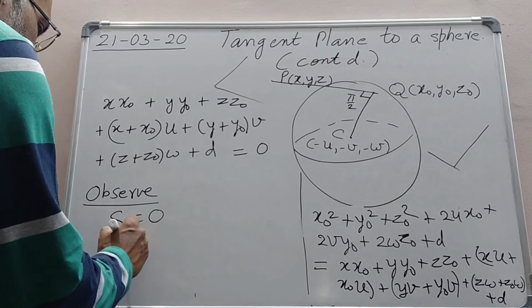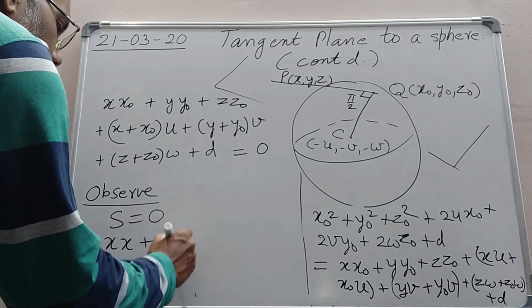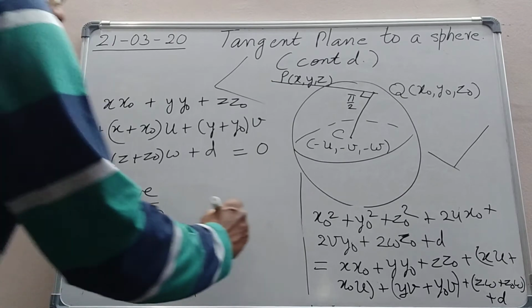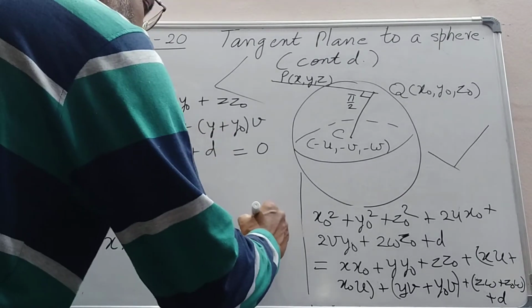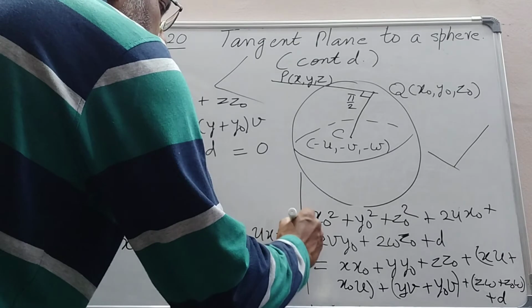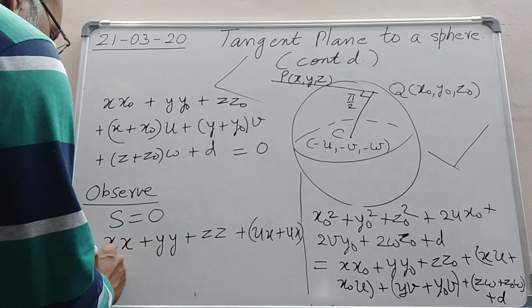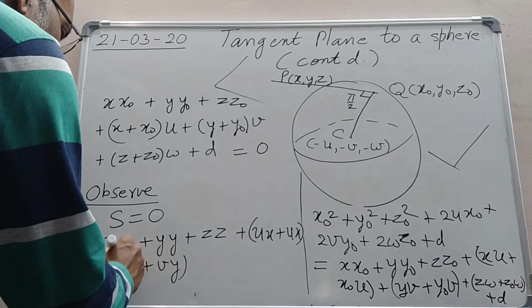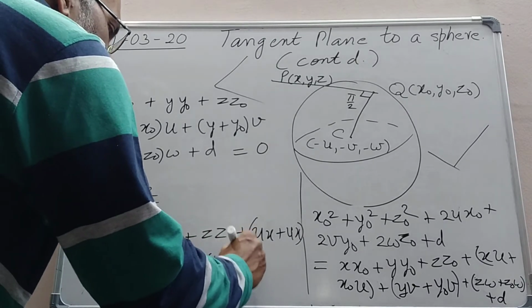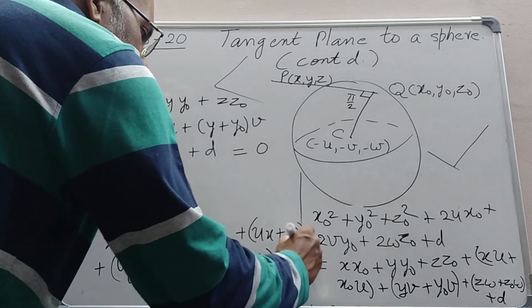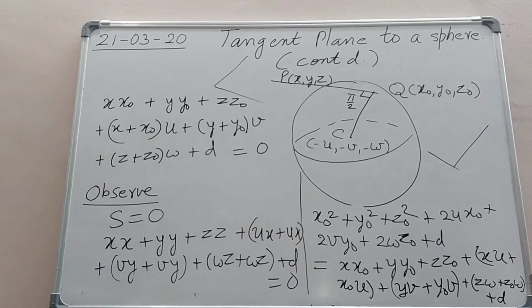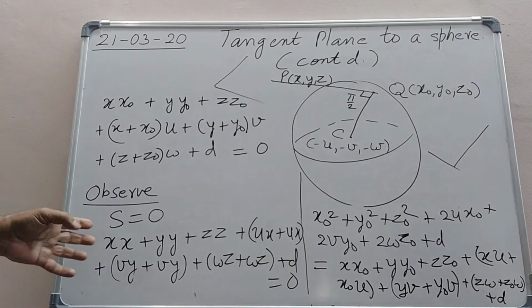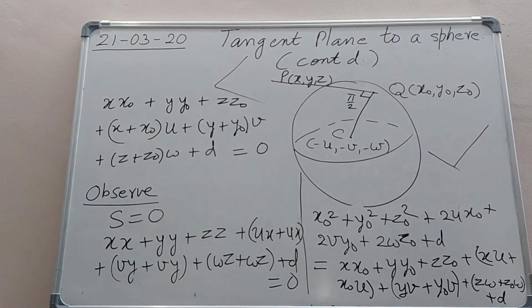This is x into x plus y into y plus z into z plus 2ux, which I can write as ux plus ux, plus vy plus vy, plus wz plus wz, plus d equal to 0. All right. So once you know the equation of the sphere, this equation can be written down in a very, very mechanical way.